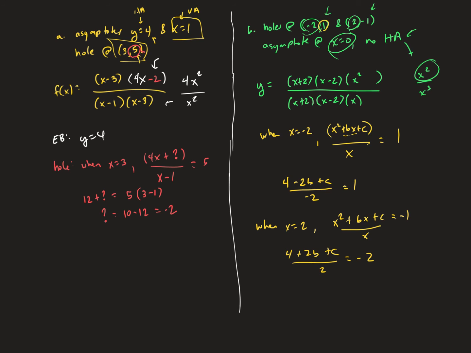Oops, sorry, that was a mistake. That's supposed to be 1. -1. There we go. Now I'm going to get these where I can solve for b and c.